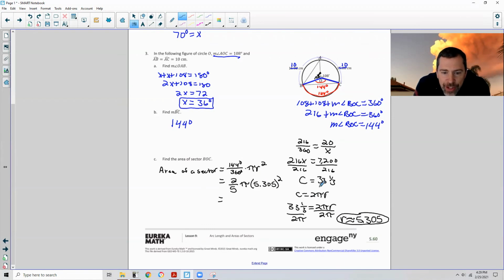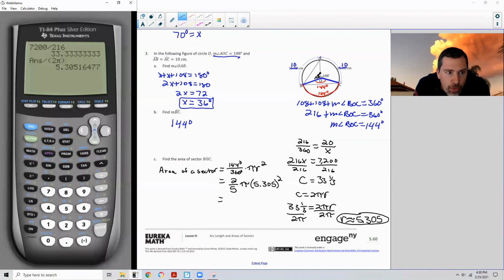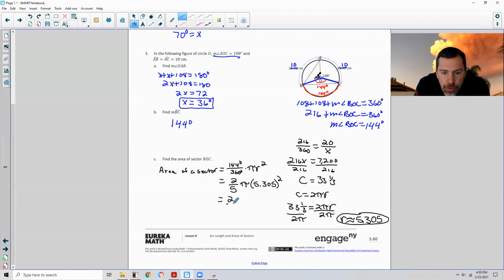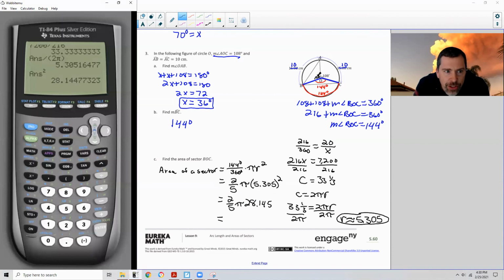Holy cow. I'm not going to round this because I want to be as accurate as possible. So I just hit squared and hit enter, and that'll give me 28.145. So it'd be 2/5 pi times 28.145.